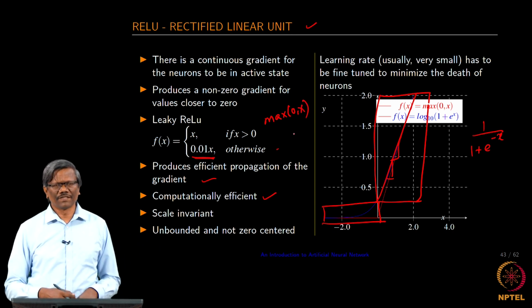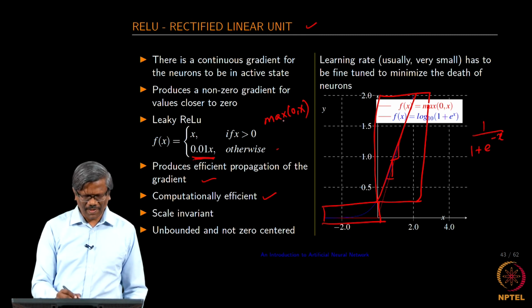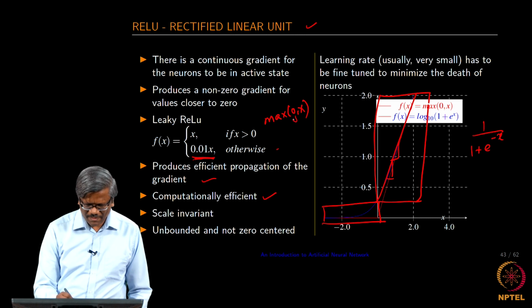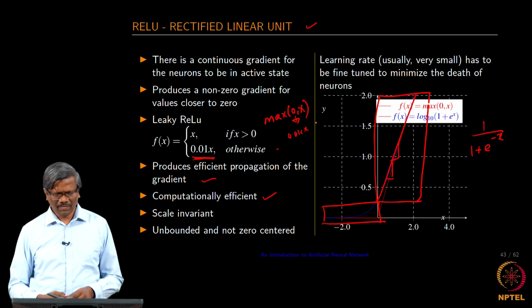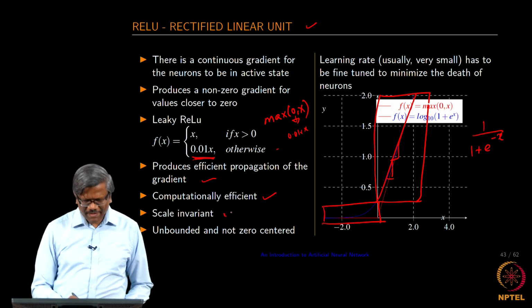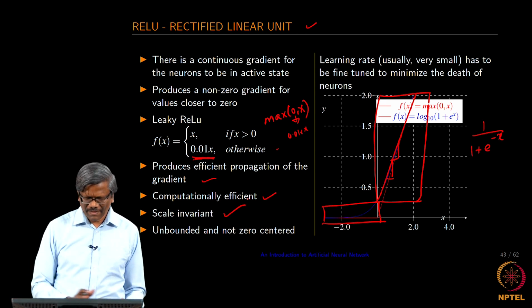So, it just tries to find out whichever is the maximum, keeps that value. So, it is very easy to implement as well. Okay. And then it is scale invariant, it does not matter how many times you multiply the value with a scale factor, it does not change.